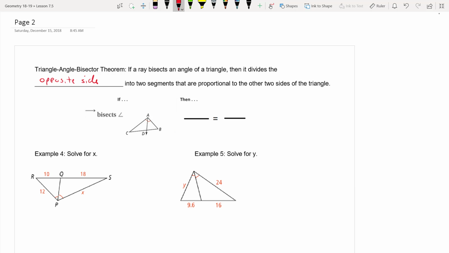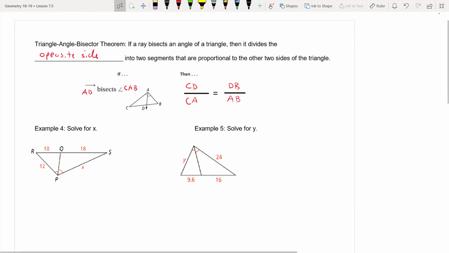So if in my picture ray AD bisects angle CAB, we end up with the left piece of the opposite side, CD, over the left-hand side of the triangle itself, CA, is equal to the right-hand piece of the opposite side, DB, over the right-hand side of the triangle, AB. So I end up with a proportion there.